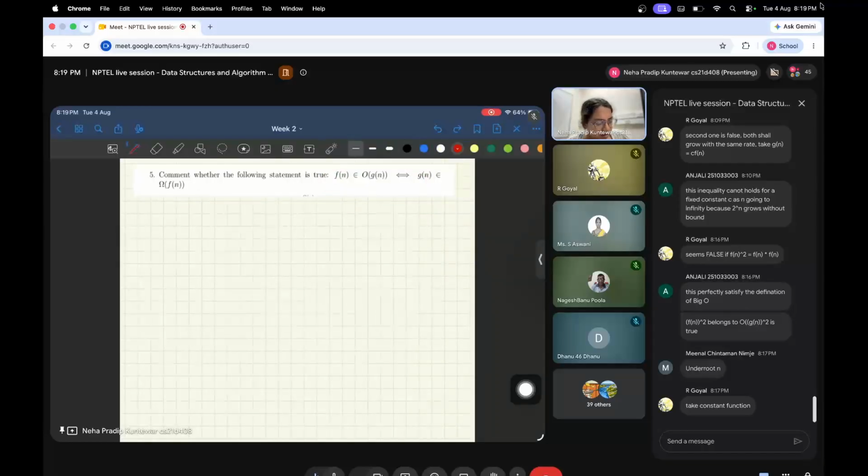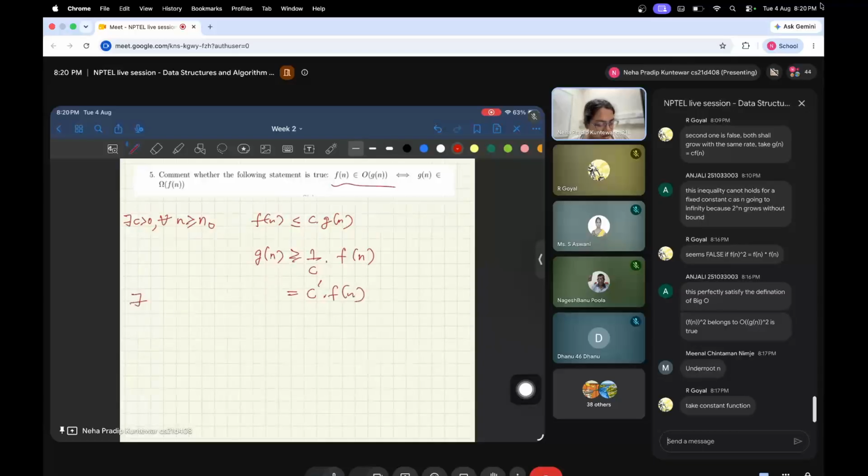I think your point was that there exists n greater than or equal to n0 such that f of n is at most c times g of n. Then I can write this in the following way, that g of n is at least 1 over c times f of n, and this is equal to c prime times f of n.